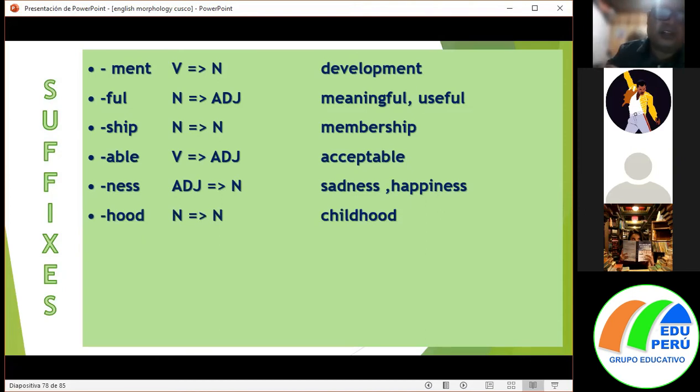Again, one is referring to a physical noun, the other is referring to an abstract noun. Child is referring to a person, a boy or a girl, no? But when you say childhood, you are talking about the idea of this age, all right? Childhood, motherhood, brotherhood, all right? Neighborhood. This is very common, no? Neighbor, neighborhood.